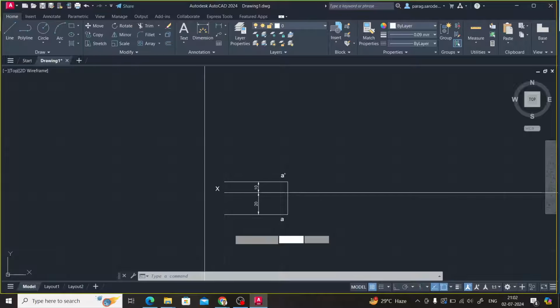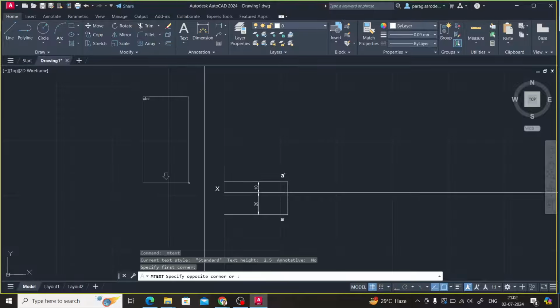I will take this multi-line text and type this. The PC got hanged. Wait for a moment. Now I will type A dash A.